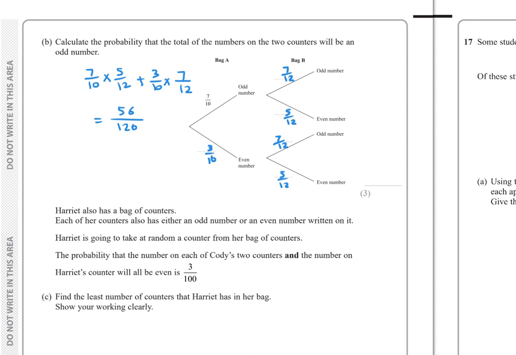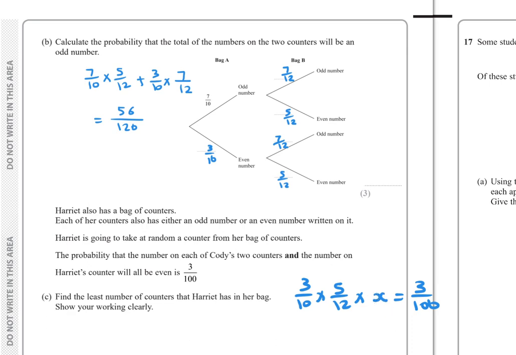So this means that the probability that the three counters are even is 3 over 100. So this means 3 over 10 times 5 over 12 times x equals 3 over 100. X stands for the probability of even for Harriet's counter.